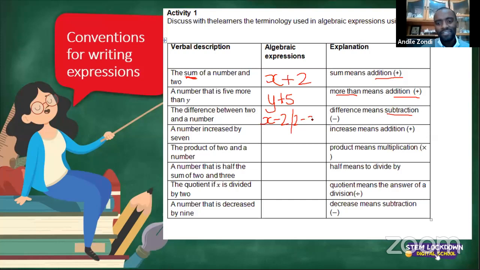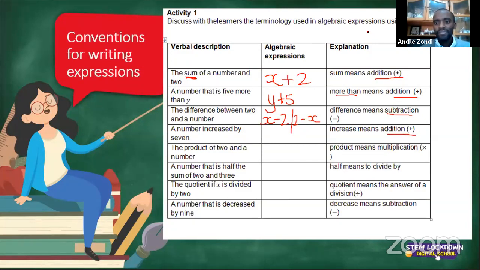So I have very, very bright learners in this class. This is getting challenging. Okay, next one. It says a number increased by 7. Here, increase means we're adding, addition.